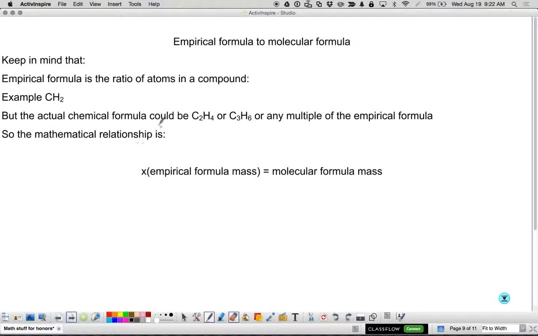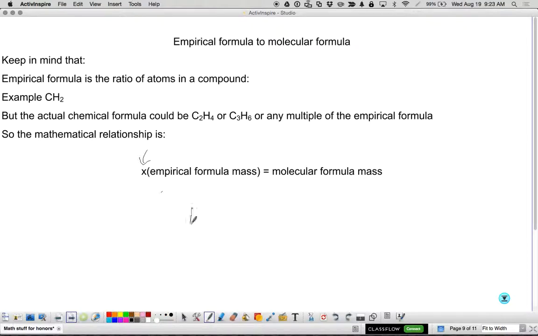So there's a mathematical relationship here. Some factor x, some multiple x, times the mass of the empirical formula should give you the molecular formula mass. Let's write it this way, let's make it general.